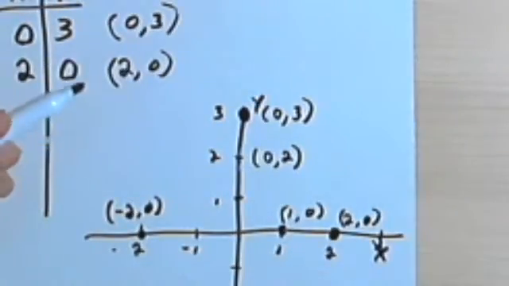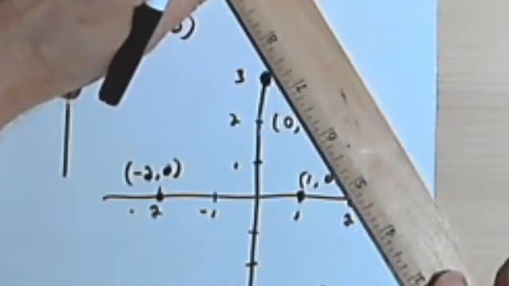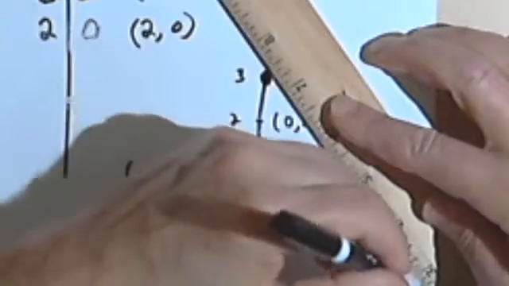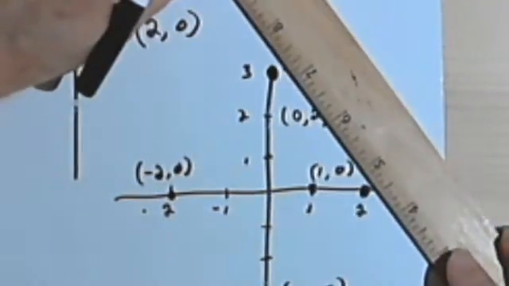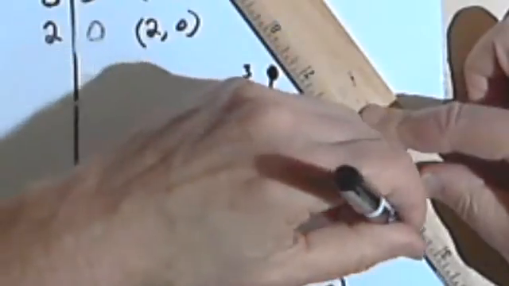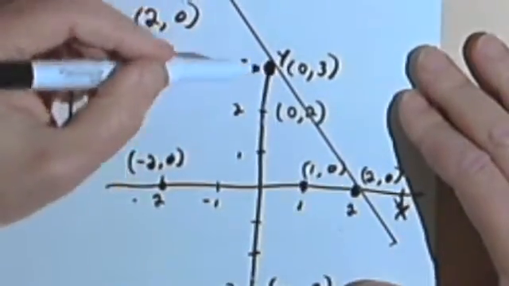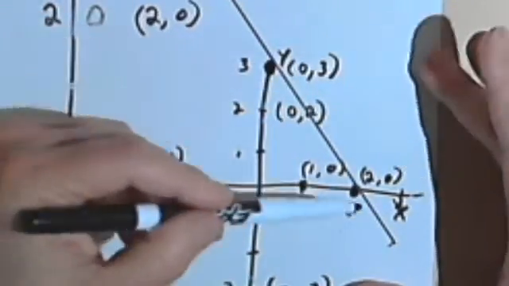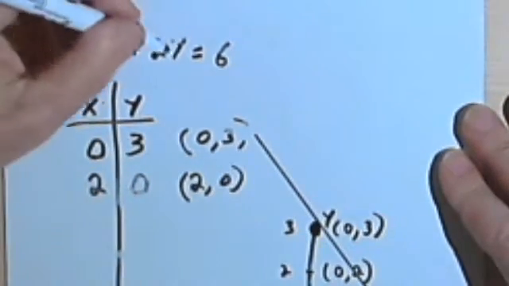And then all I have to do is take a ruler, a straight edge, and connect these. I don't know why that doesn't work sometimes. So this line here will be the line that has intercepts at (0, 3) and (2, 0), and this line will be the line for this equation.